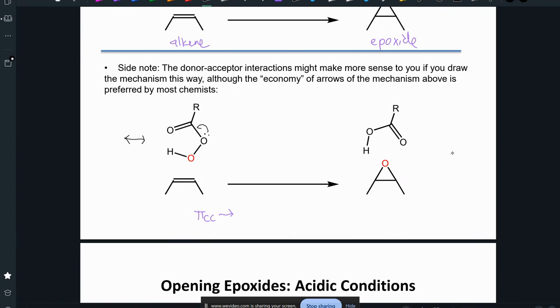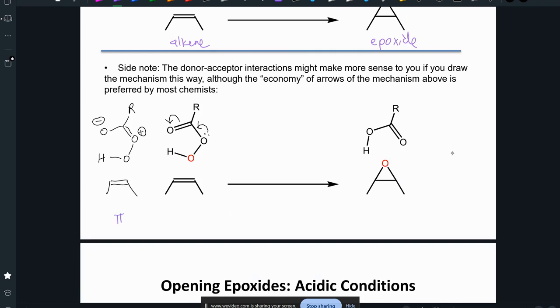I have a lone pair next to a pi bond, so I could redraw this peroxy acid in an alternate resonance structure. You might ask, why would I do that? That's not the most stable resonance structure. That is true, but it is the resonance structure that is going to make the mechanism easier to visualize. So that's why I'm going to use it.